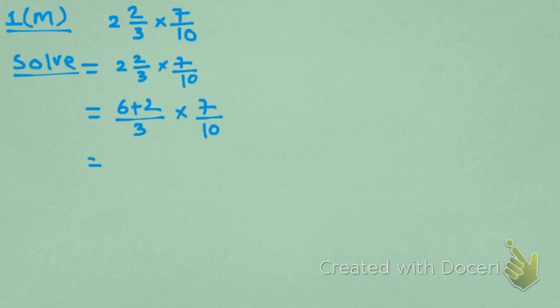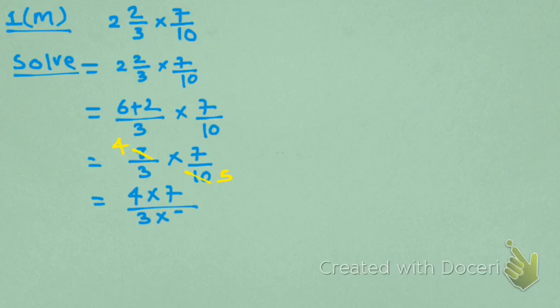So now 6 plus 2 will become 8 upon 3 into 7 upon 10. Now let's divide them. 8 will come in 2's table 4 times and 10 will come in 2's table 5 times. So it will give us 4 into 7 upon 3 into 5. So our answer is 28 upon 15.